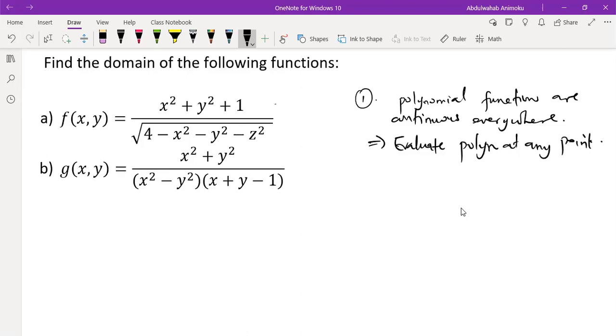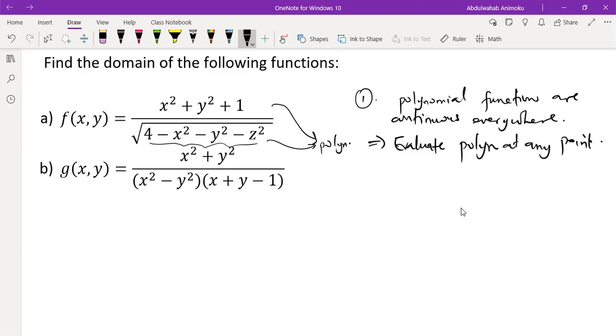So an example of that is these two functions. This is a polynomial, and this is also a polynomial. So what is inside the square root is a polynomial. Which means that those functions are continuous everywhere. That means we can evaluate them at any point in the x and y coordinate system.